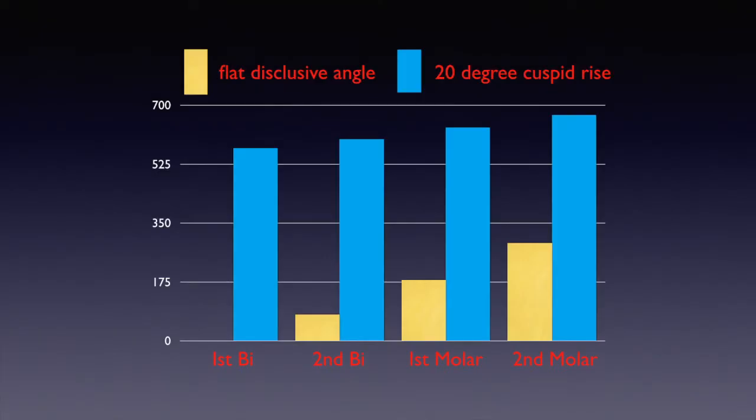Here we see a histogram display of the amount of tooth structure that must be removed to achieve a 1.5 millimeters of retrusion, depending upon whether a VHF is used or whether the front teeth are recoupled.